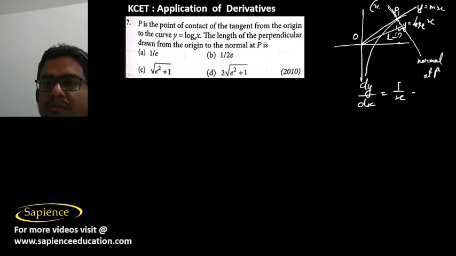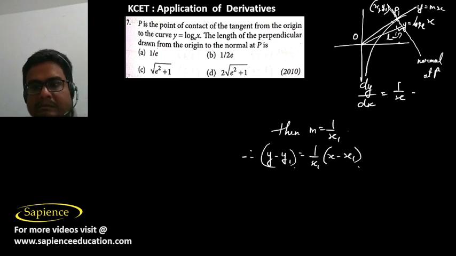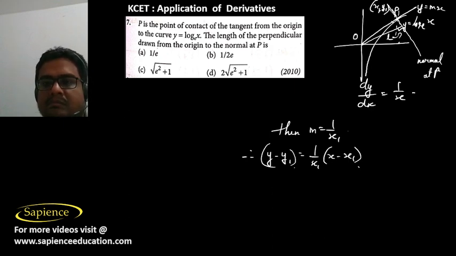Point P is suppose x1, y1, then the slope is 1 by x1. Therefore, the equation of the tangent is y minus y1 equal to 1 by x1 into x minus x1, that is y1 equal to mx1.